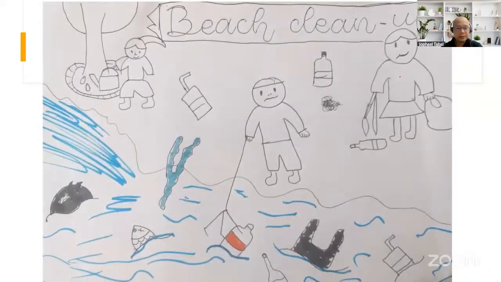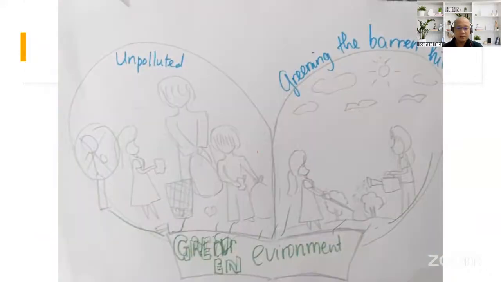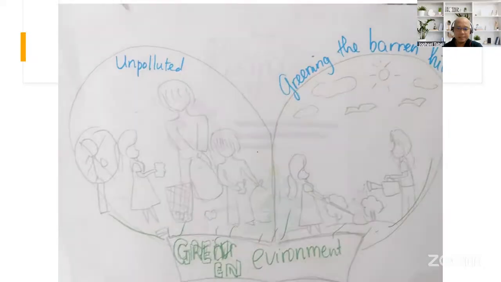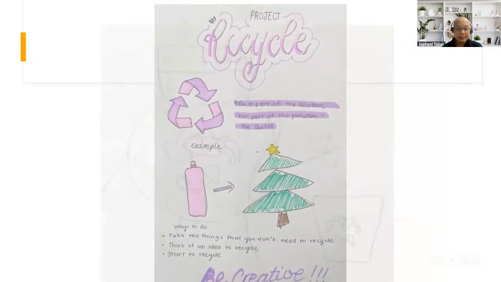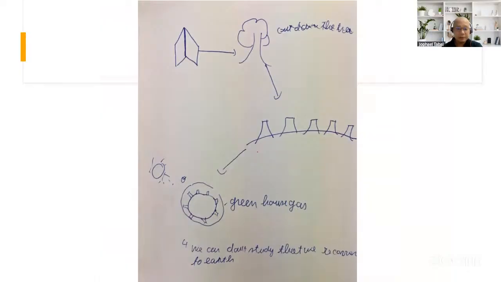This is also a beach cleanup. You can see different photos here from different students. This is also beach cleanup or cleanup and planting trees. And this is recycling, also recycling, planting trees.